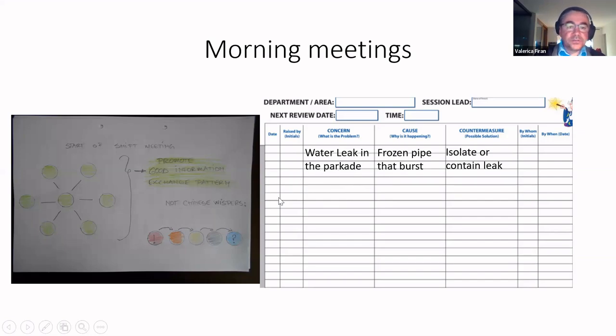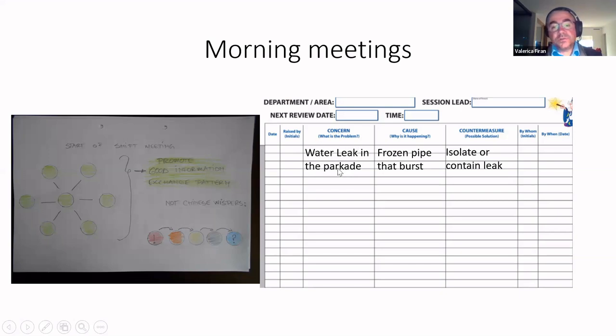In the morning meetings, we promote good communication and we talk to one another directly instead of passing the information in a traditional way from one to the other and losing part of it. We're together, we talk about it, we put it here on the board that we will have ideally placed in the office where we have the meeting.